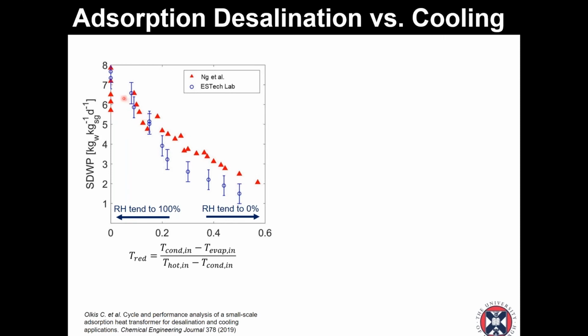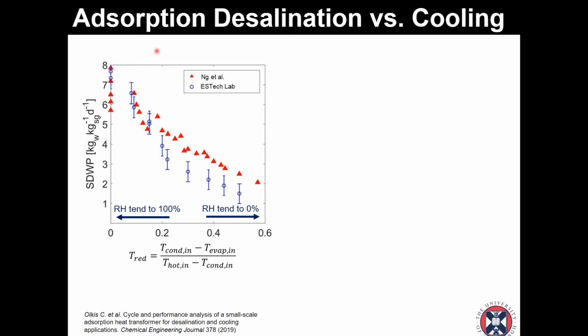This is pretty useful because the process is in general defined by 3 temperatures, but in this way we can define the process performance against one single temperature, the reduced temperature.